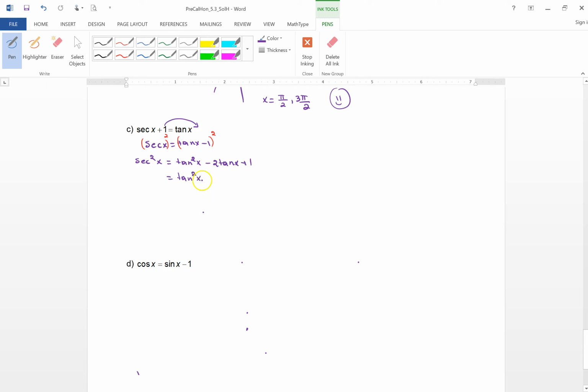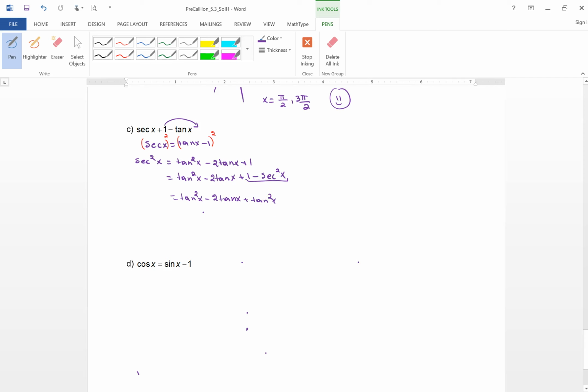Tangent squared x minus 2 tangent x plus 1 minus secant squared x gives me tangent squared x minus 2 tangent x. And look at this. This is a positive tangent squared x.